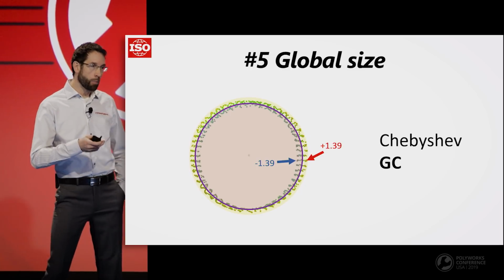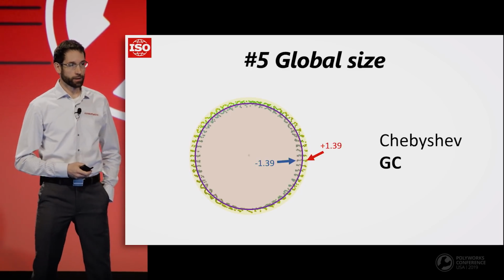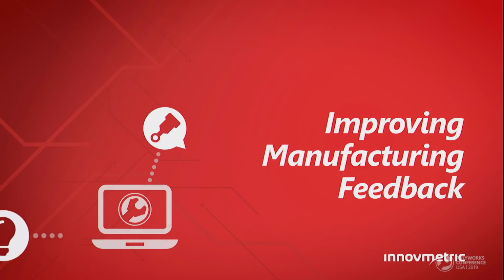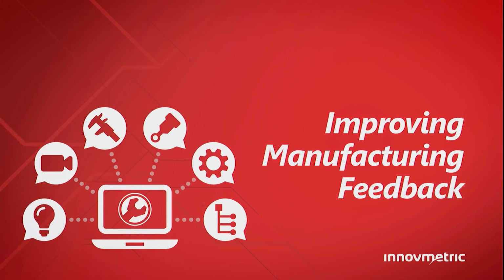We're going to add more in the upcoming intermediate releases. So let's jump onto our next topic, manufacturing feedback. You guys know how important it is to communicate metrology information to your manufacturing team.